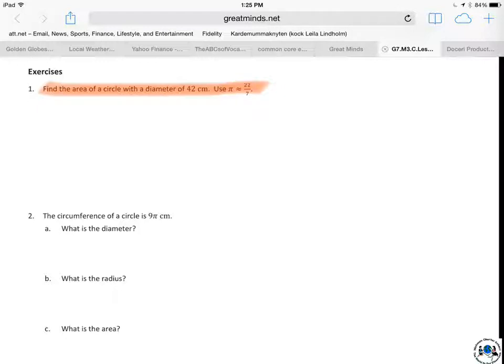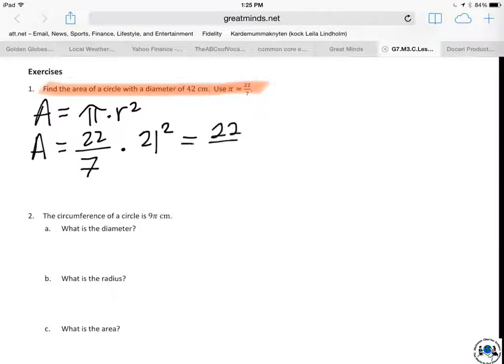Okay, so let's go ahead and solve this exercise 1. Again, firstly, just write down my formula, fill in with what I know. As you can see, I figured out that 21 squared is 441, and then I very cleverly divided 441 by 7, just in case I did get a whole number, a number without a decimal value, and I did, very lucky.